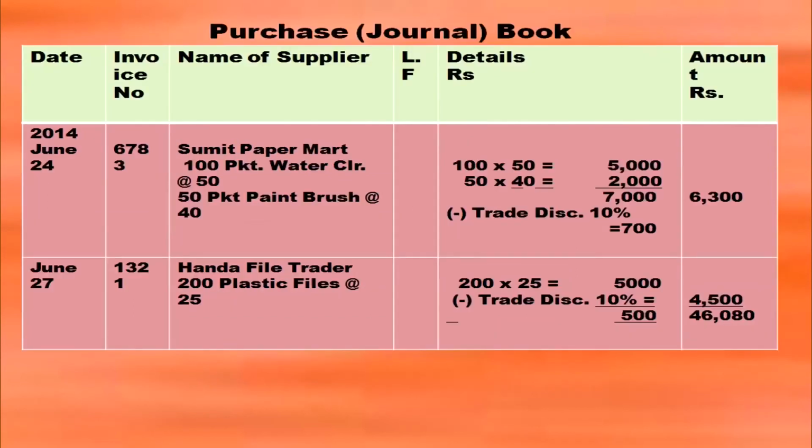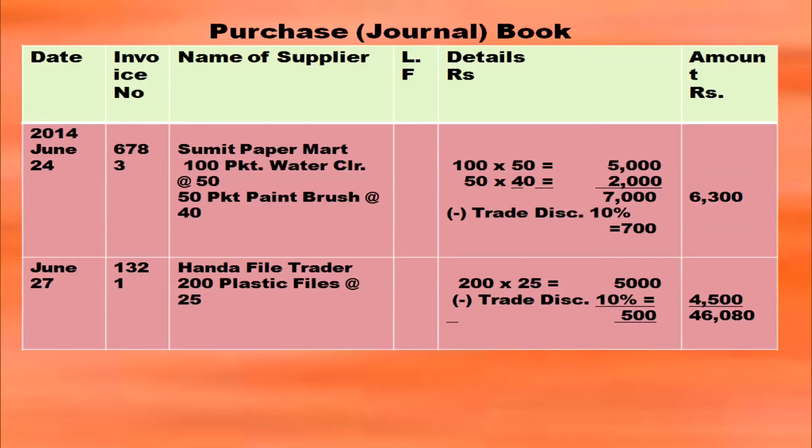So, in the purchases journal, you are writing Sumit Paper Mart, 100 packet watercolor at rupees 50, date in the respective column, invoice in the respective column. Then coming to the details, you have to write in the name of the supplier column, and in that column what all materials this concern has purchased. 100 into 50, 5,000, 50 into 40, 2,000.